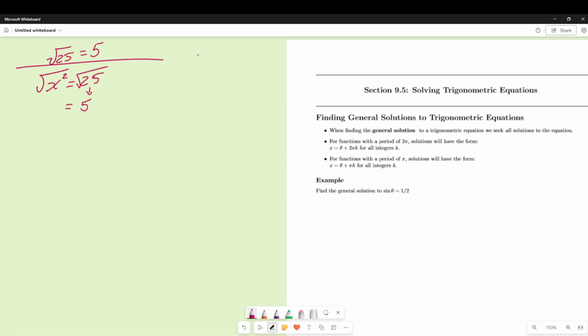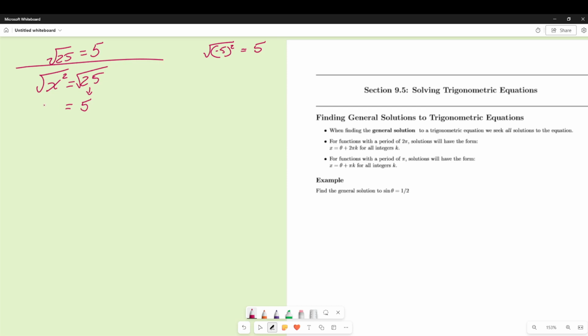But we saw an example last time with the square root of negative 5 squared. That doesn't become negative 5, that becomes positive 5. So if x was negative 5, the square root of x squared wouldn't give us back the negative 5, it would give us the positive 5.